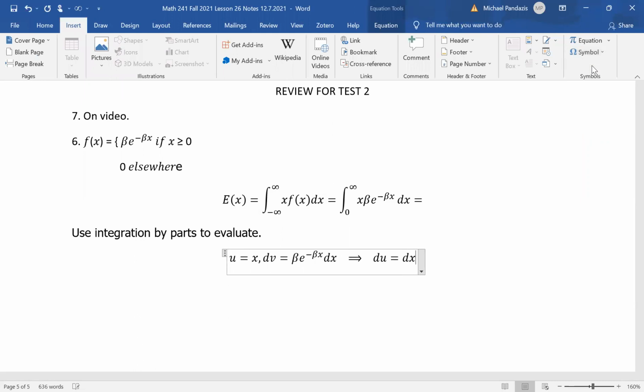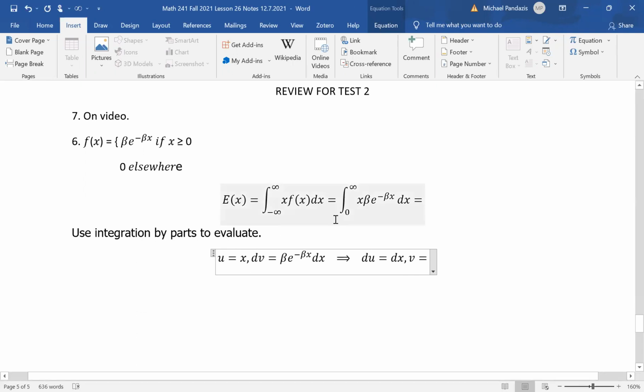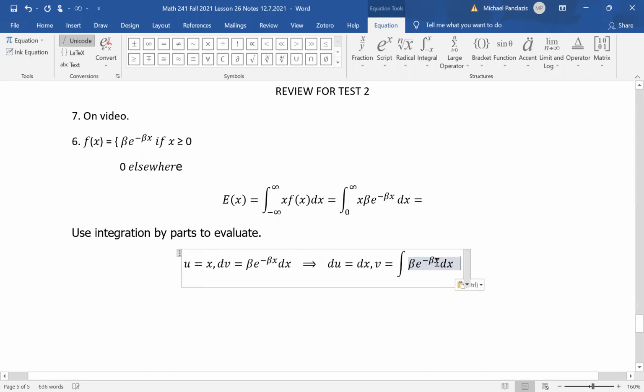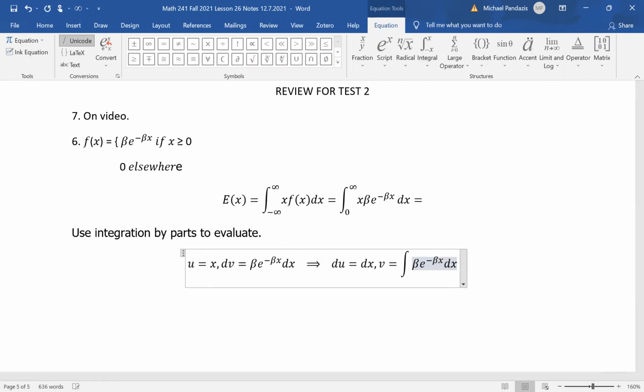That implies that du equals dx, and that v is equal to the antiderivative of this, which is then equal to negative e to the negative beta x. Find a derivative, you get that.